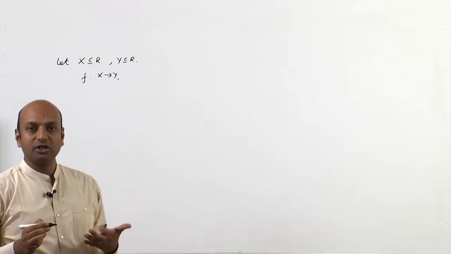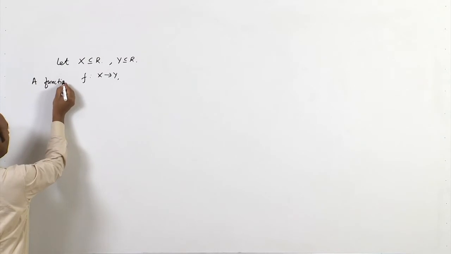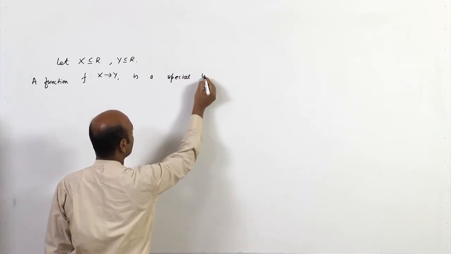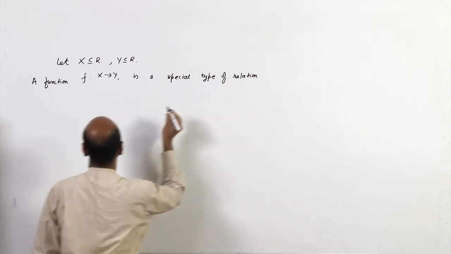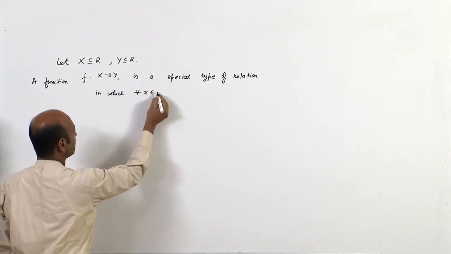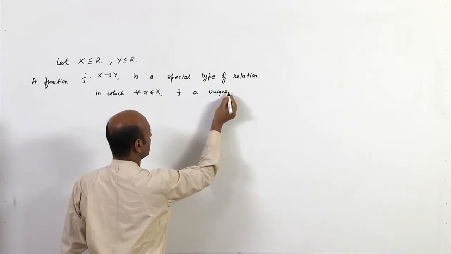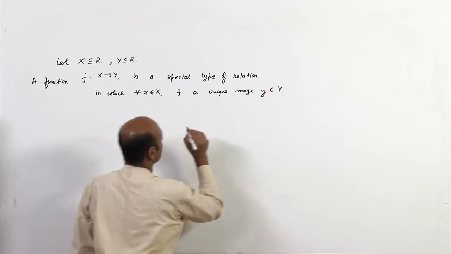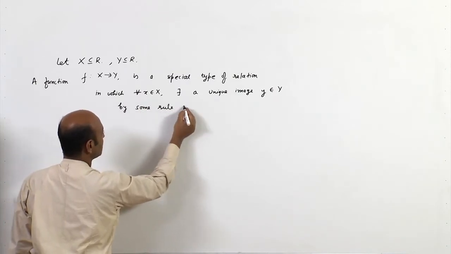Basically, a function f from X to Y is a special type of relation in which for every x in X there exists a unique image y in Y by some rule, say y equals f(x).